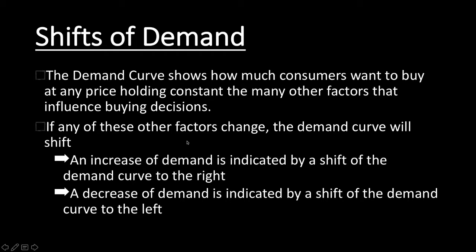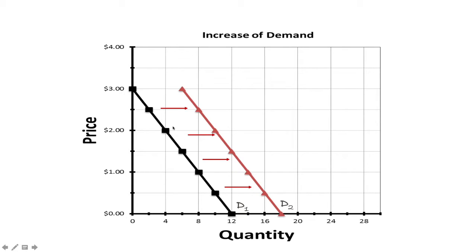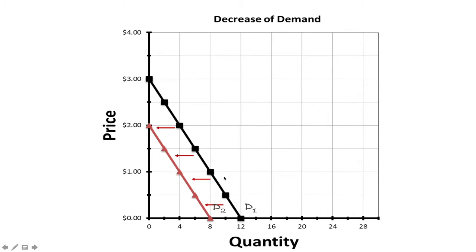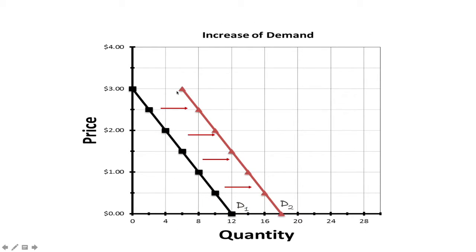So an increase of demand is going to look like this. My initial demand curve was D1. The entire curve is going to shift to the right from D1 to D2. So what that looks like is this. Initially on D1, at a price of $2, 4 units were demanded.